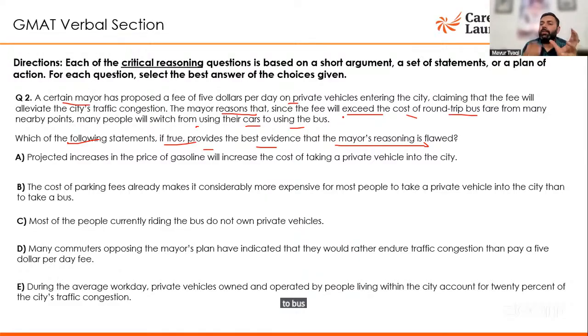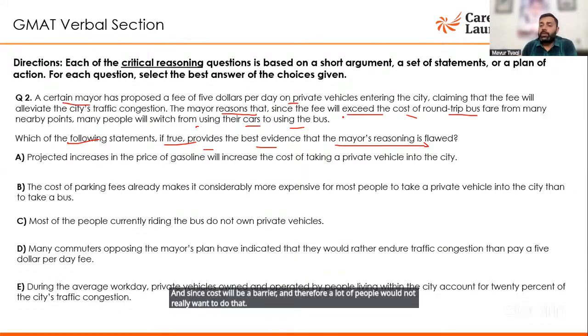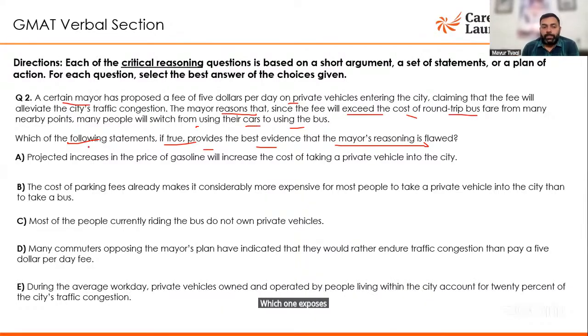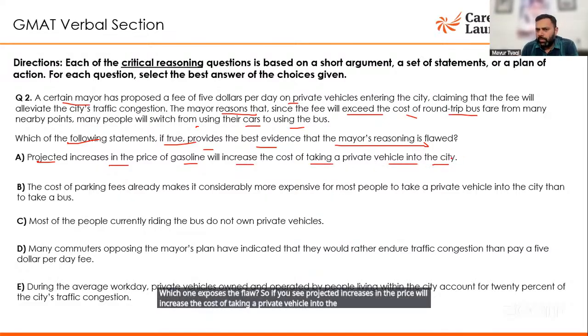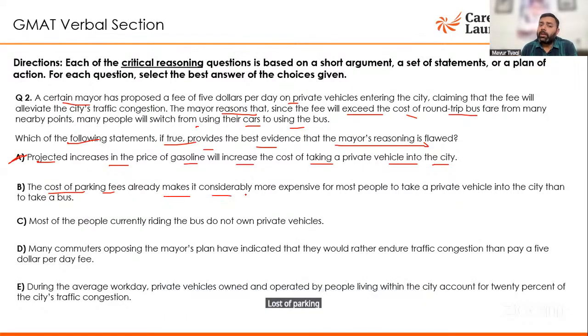So basically, the author's idea is let's charge them more money. And since cost will be a barrier, a lot of people would not really want to do that. Which one exposes the flaw? So if you see projected increases in the price will increase the cost of taking a private vehicle into the city, that's what they want, right? How is that a flaw? Cost of parking fees already makes it considerably more expensive for people to take a private vehicle.